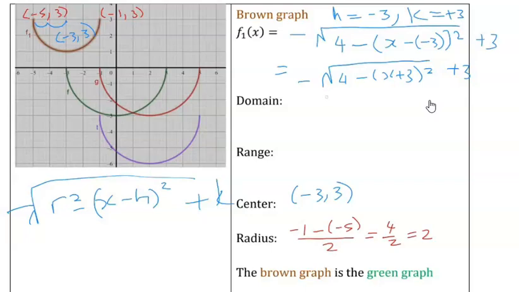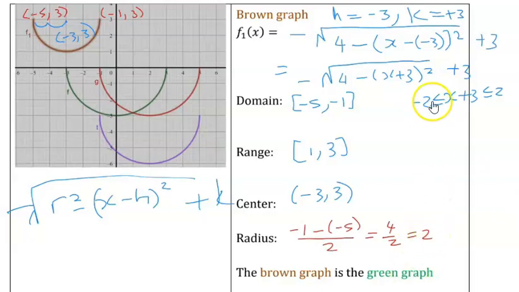From the graph I see it goes from negative 5 to negative 1, and the range will go from 1 to 3. If I do not have the graph, I know x plus 3 must be less than or equal to 2, greater or equal to minus 2, because we have a radius of 2.